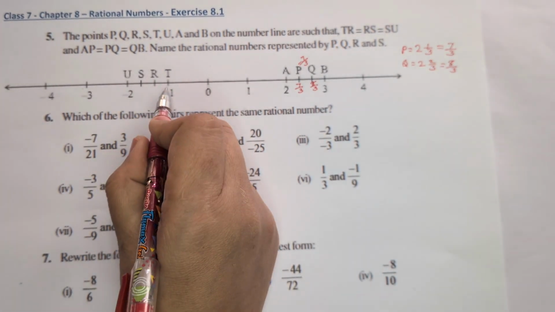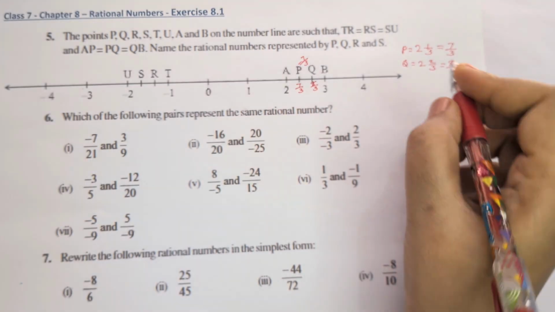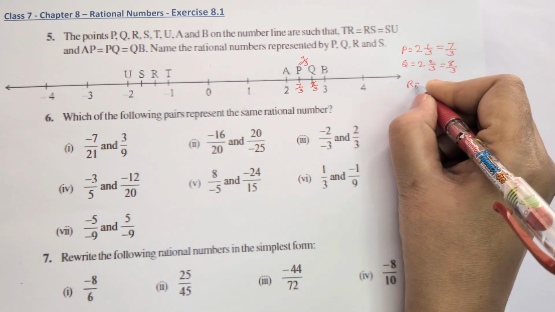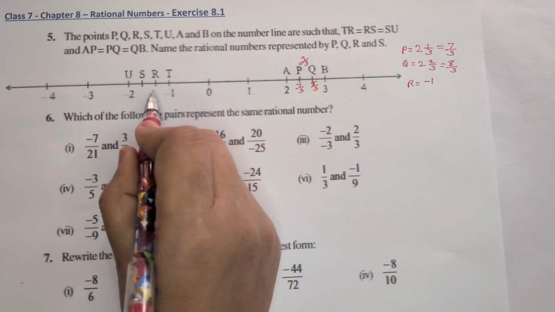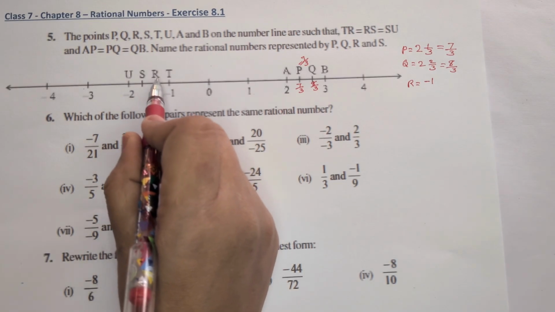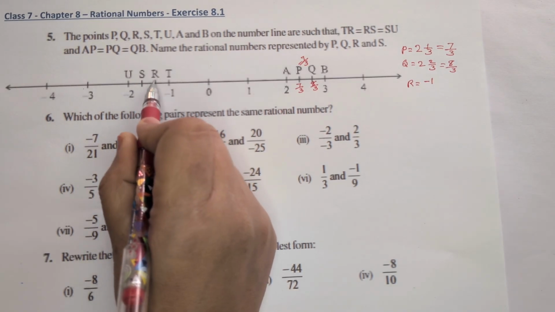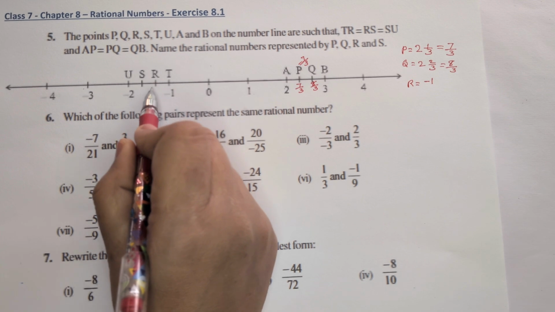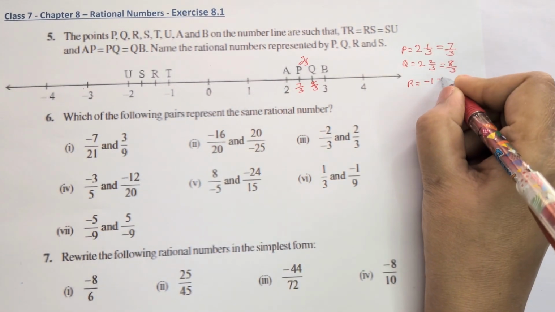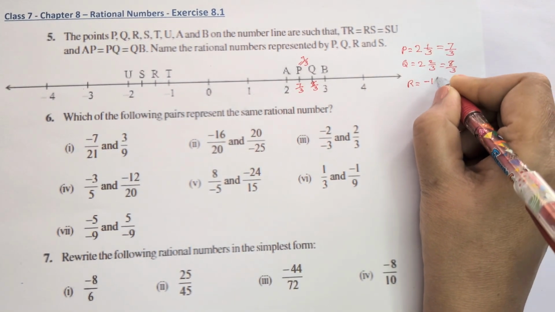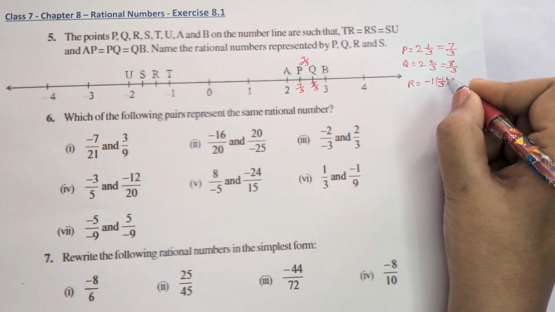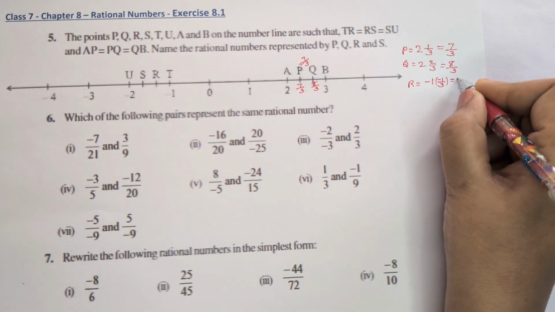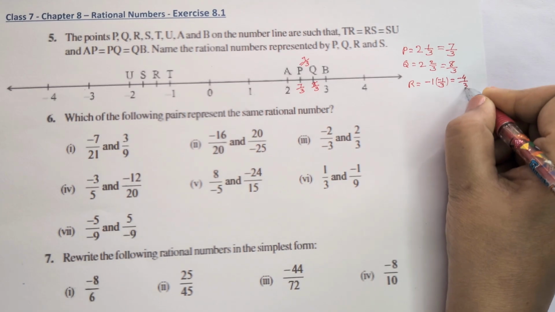Same way R here. That lies between -1 and -2. So R is equal to after -1, then 3 equal divisions and the first one. So -1 and 1 by 3, which means -3 plus -1, that means -4 by 3.